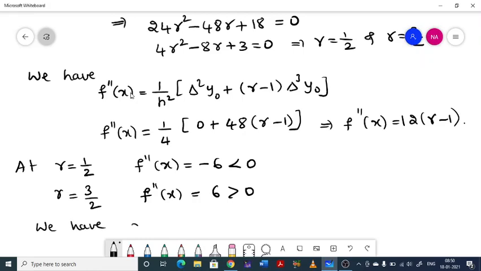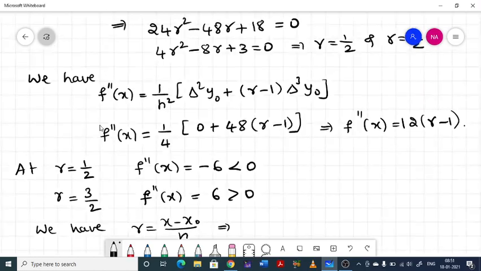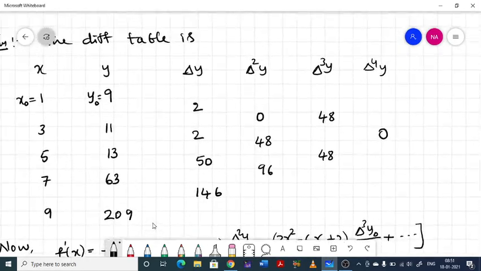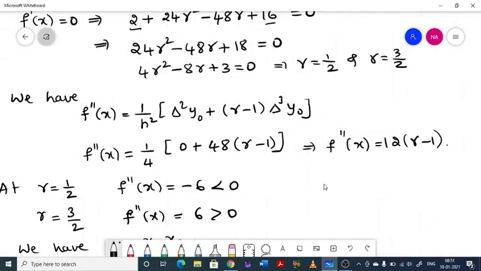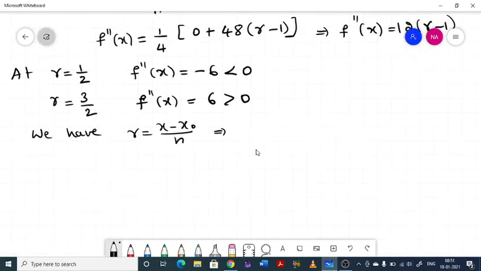So we have r equal to x minus x naught by h, right? So here x naught is 1, h is 2, so from this I can write x equal to x naught plus rh.